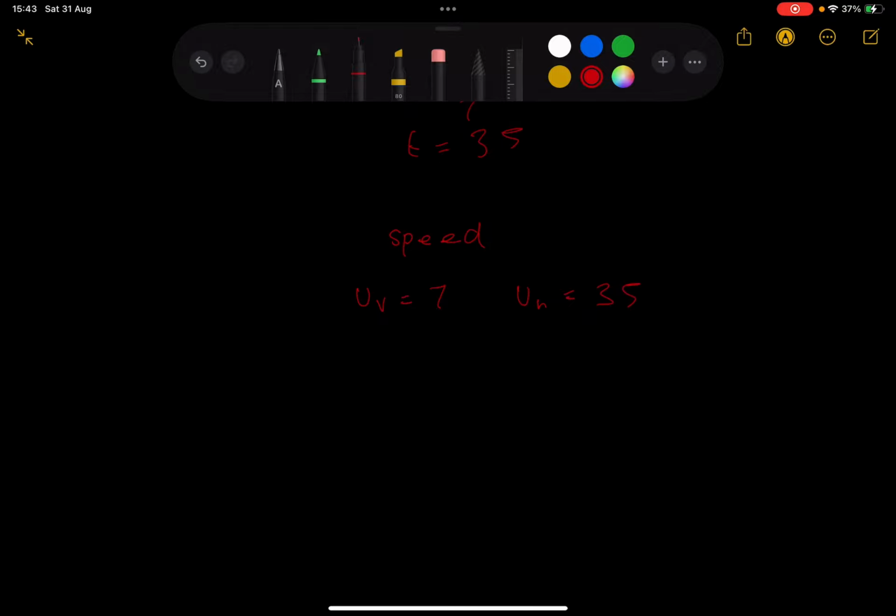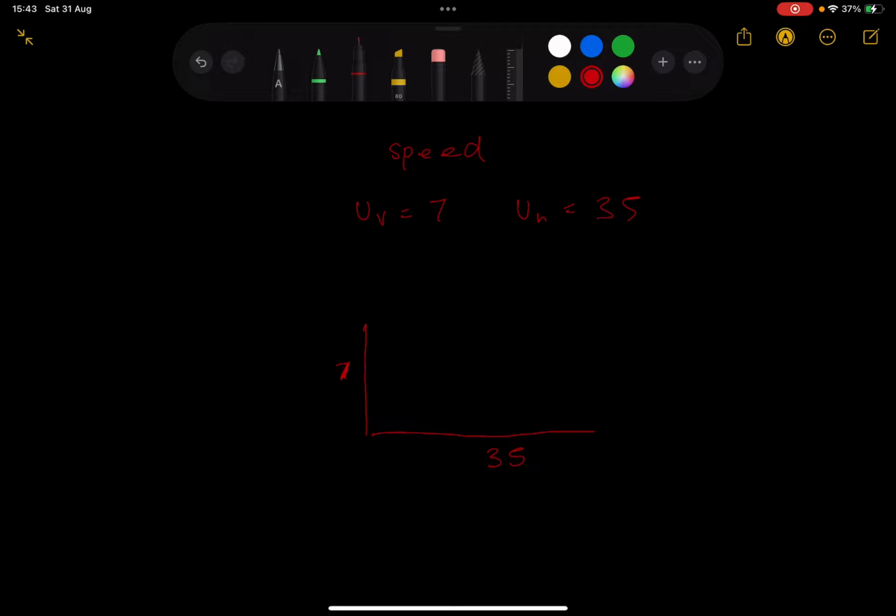Now, let's imagine this is like a sort of graph. 7's here and the horizontal component's here. And we want to work out the value of this line.